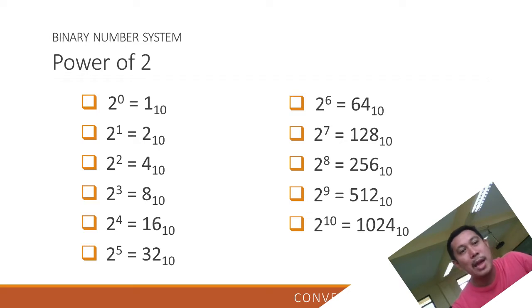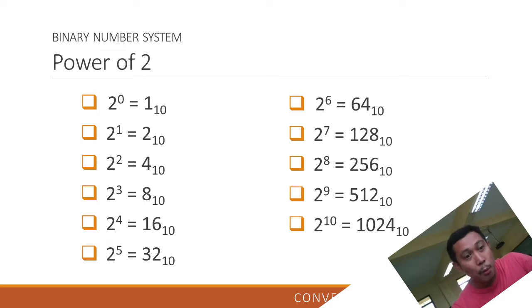So the next one, we have 2 to the power of 1, and the equivalent of that in decimal is 2. So when you compute using an ordinary mathematical operation, 2 to the power of 1 is equivalent to 2. And the next one is 2 to the power of 2, that is 4 in the decimal number system.